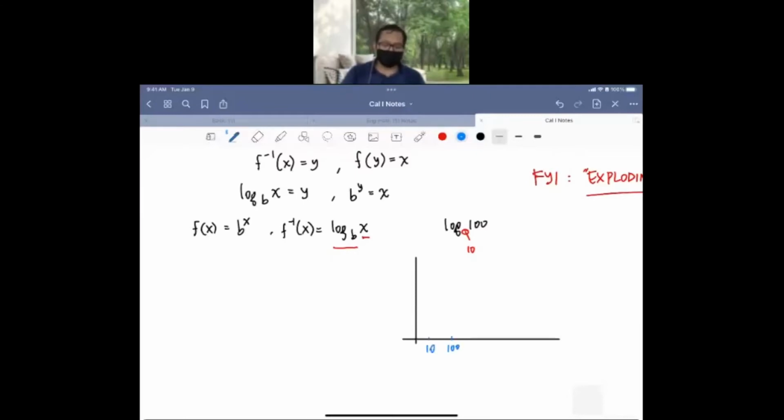If I write this, the unit seems wrong, so we need to make it a little bit larger. Maybe this is 5, maybe 1. Start from 1, 5, 10, then 15, 20. This is your usual x-axis.